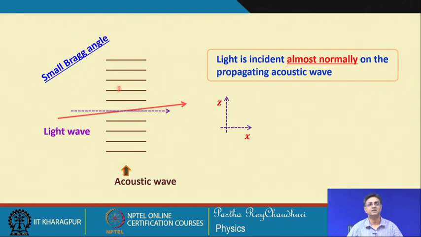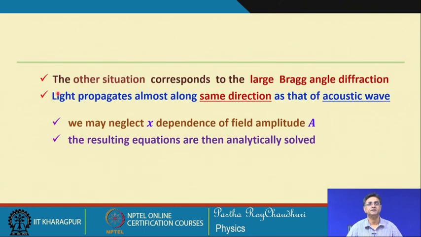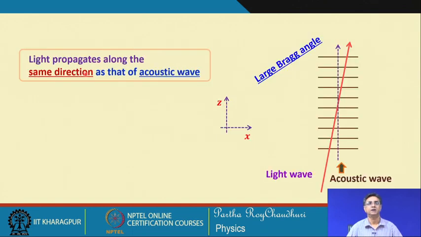In that case, it is like the light wave is trying to penetrate through the transverse direction, and this angle being very small, we can assume that the z dependence of the electric field is negligible. It only depends on the x value, so we have x dependent field amplitude which is non-zero, and then the resulting equations can be analytically solved.